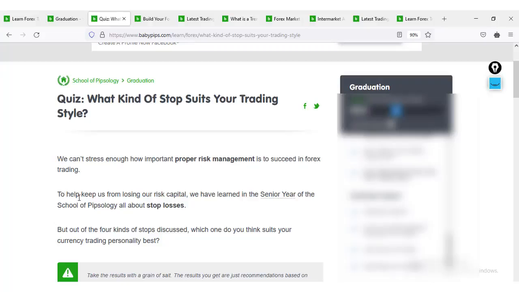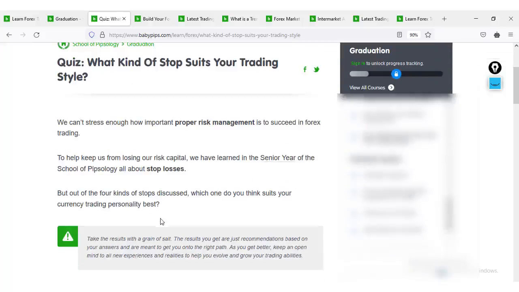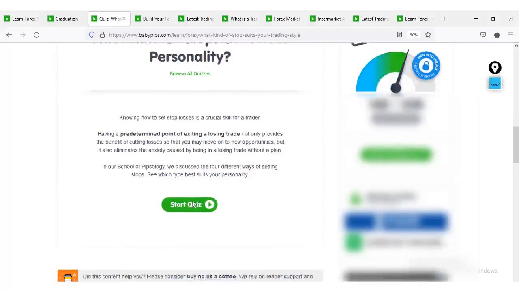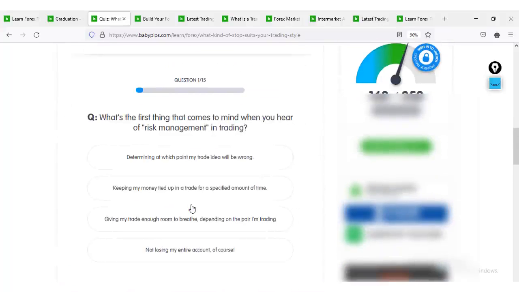To help keep us from losing our risk capital, we have learned in the senior year of the School of Pipsology about stop losses. But out of the 4 kinds of stops discussed, which one do you think is best for you? So let me start my quiz, and as usual, I have 15 questions here.